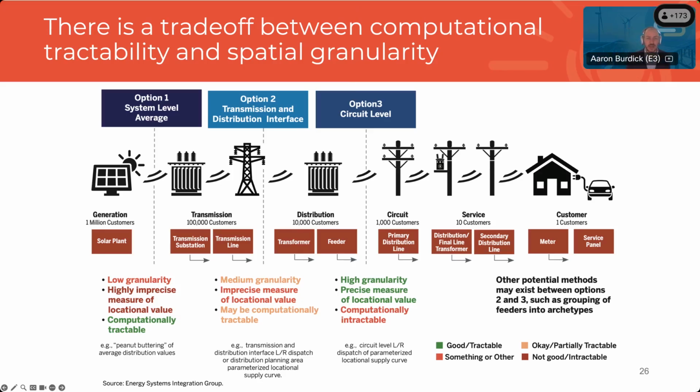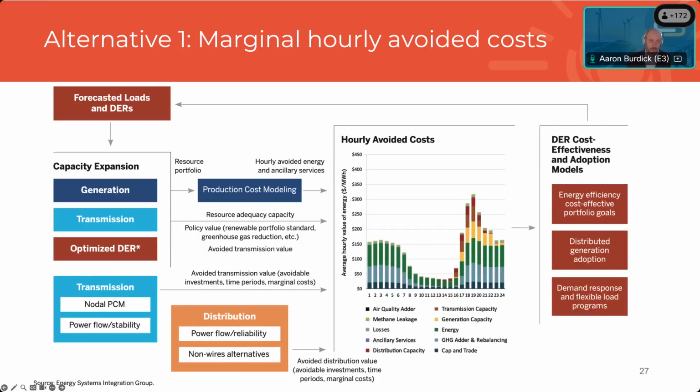So in recognizing that, we present 3 alternatives in this paper that use a combination of co-optimization for some parts of the power system and iterative loops for other parts of the system. So the first is looking at marginal hourly avoided costs. So this is similar to the approach that is used by the California Public Utilities Commission in their IRP and DER planning processes.